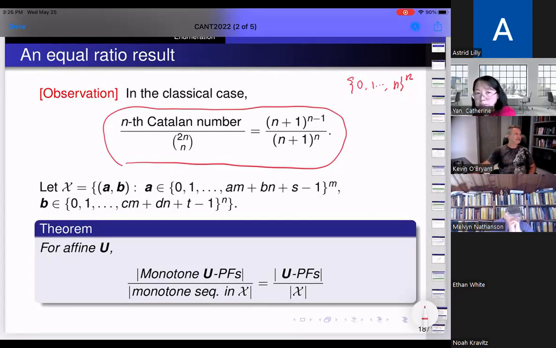It's just the double sequences where the first sequence has length m and all the terms lie in some fixed interval, and the second sequence has length n, with all the terms coming from another fixed domain. We will see the bound is actually the maximum weight allowed by that affine U. And all these results are actually true in higher dimensions.